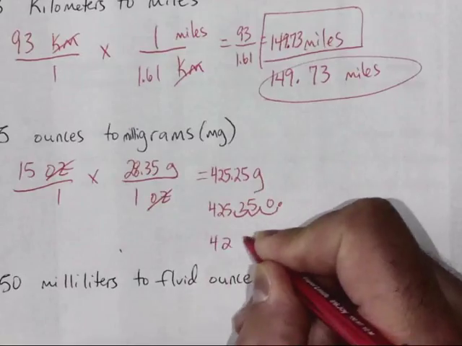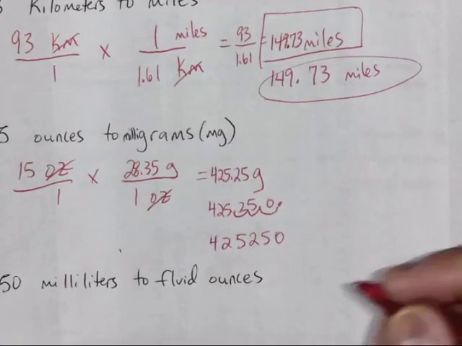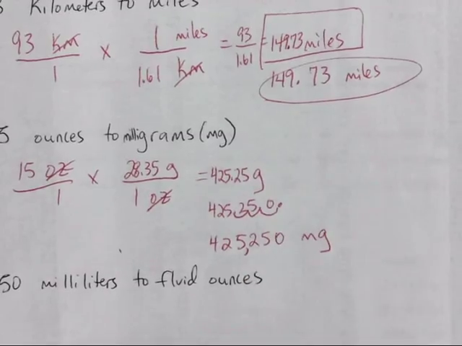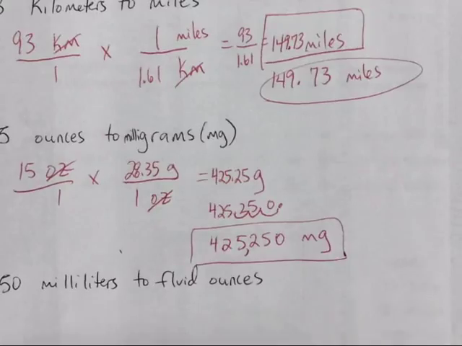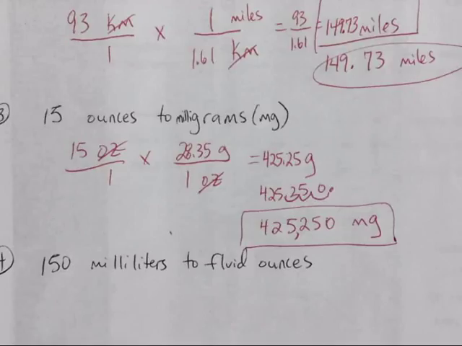So 425.250 milligrams. So 425,250 milligrams is how many milligrams is in 15 ounces. So that's a two-part. So you end up using the US to metric, and then once you get into grams, you can convert it anywhere in the metric system by moving a decimal.